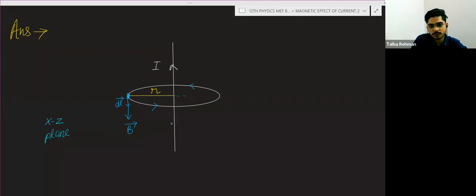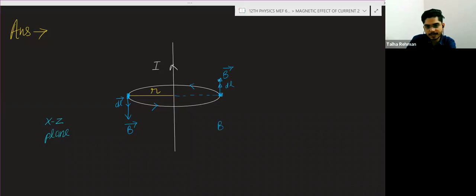Suppose now you are finding the magnetic field at this point. So here will be the direction of the magnetic field. This is along the positive y-axis. Like this, you can write this is the direction of the magnetic field, and the direction of dl also will be the same here.